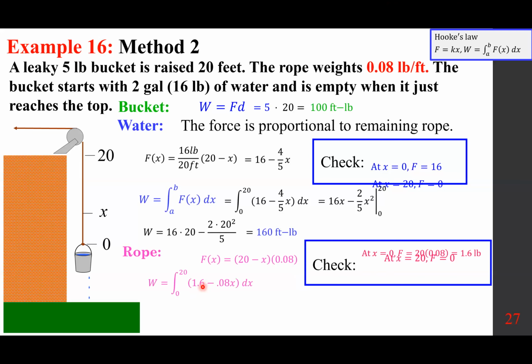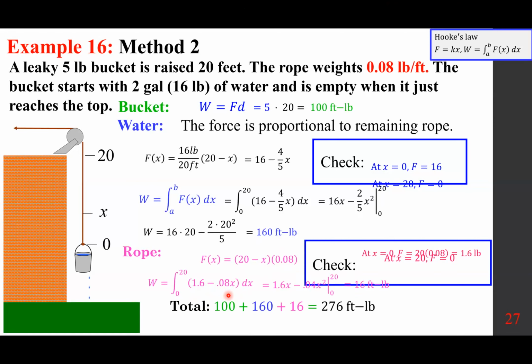So this gives us 1.6x minus 0.08 times half of x squared, which makes it minus 0.04x squared. Evaluated from 0 to 20, it gives you the same 16 foot-pounds as before. Now add them up, and you have the answer.